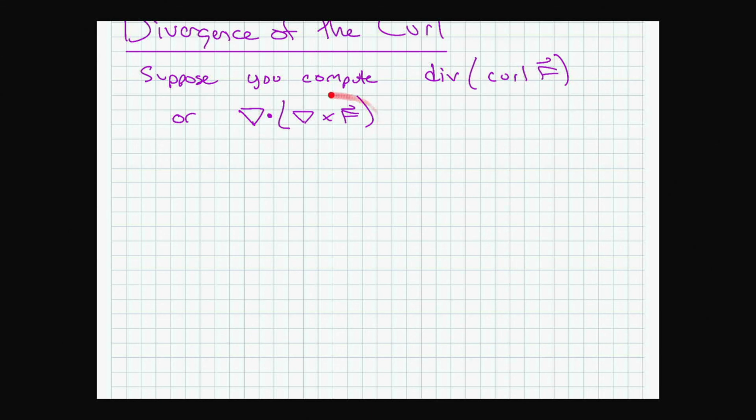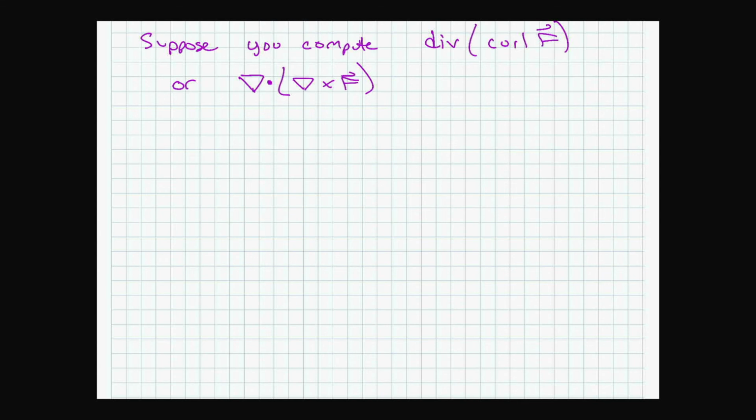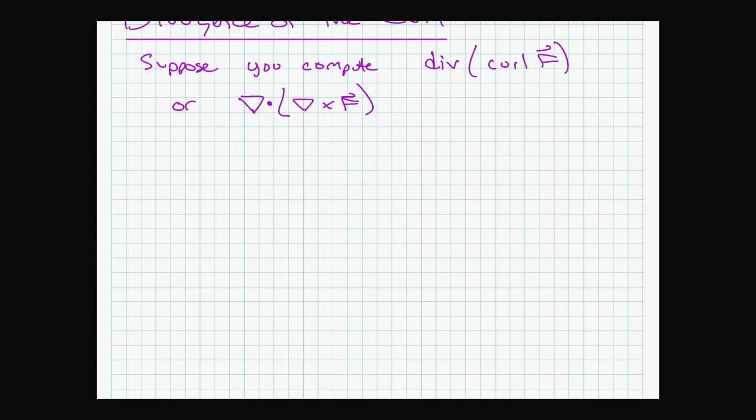You guys are doing fancy math now, aren't you? So suppose we compute the divergence of the curl. We're also going to assume all the partial derivatives that are supposed to exist.